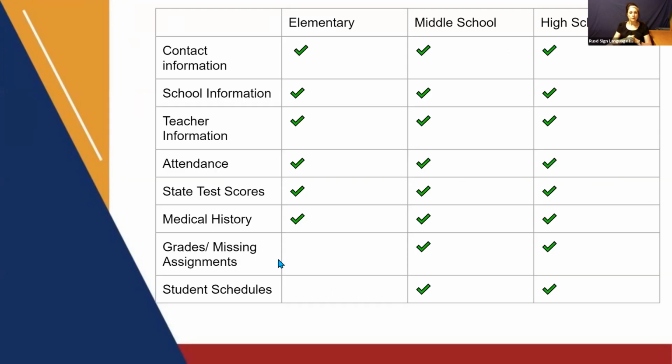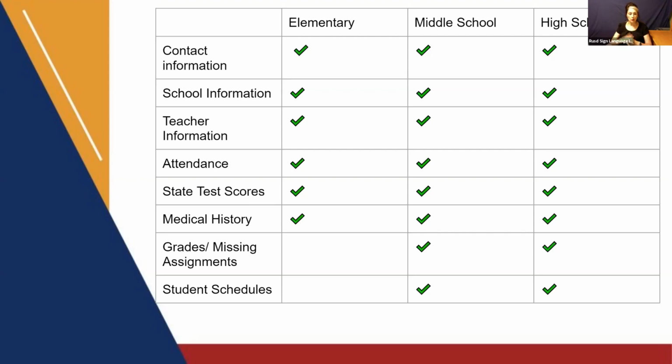On this slide, we have some information in regards to features within the Aeries Parent Portal. For elementary school students, the green check boxes are the features that would be available. For middle school and high school, there are a couple more green check boxes.